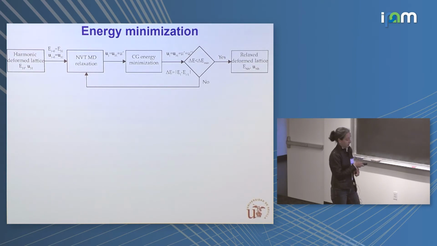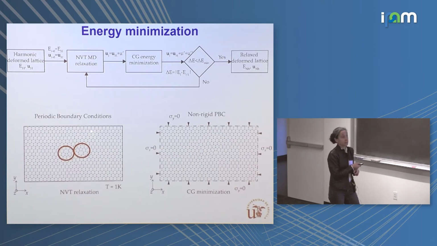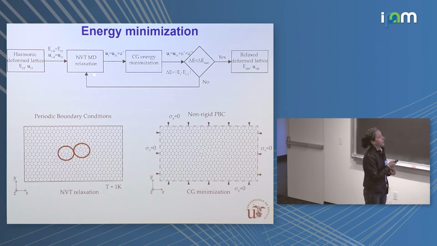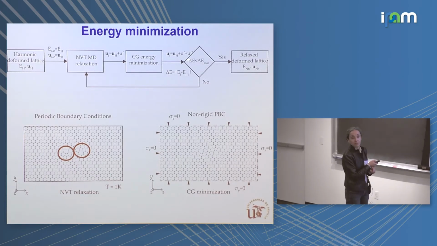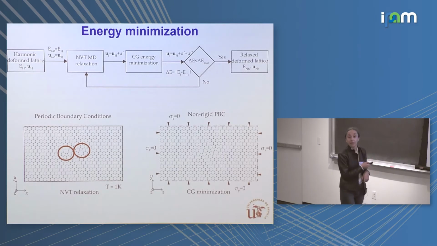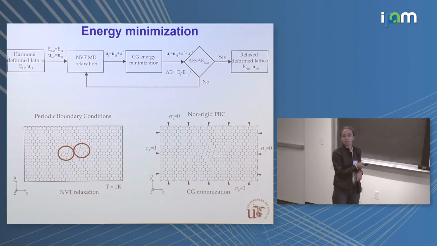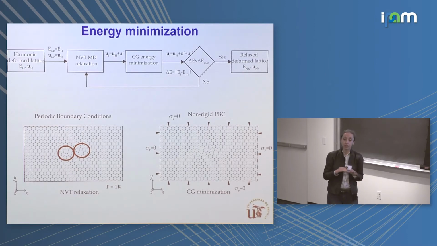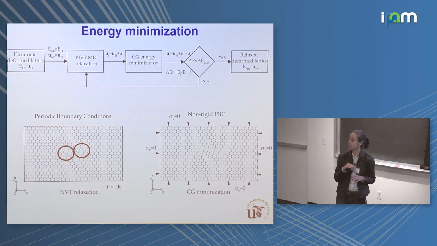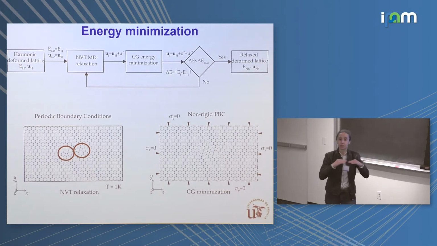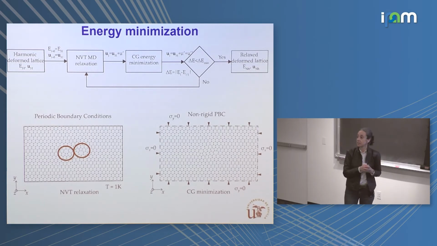In this one, we use the periodic boundary conditions for the NVT molecular dynamics relaxation, but it's important to then, after this step, continue with another one, with the conjugate gradient, in which the boundary conditions are flexible, because you are going to have out of plane displacements that are going to relax the lattice, are going to reduce the energy, and if you keep the periodic conditions, the lattice is going to be undergoing some strain, compression or traction that is going to change the energy.